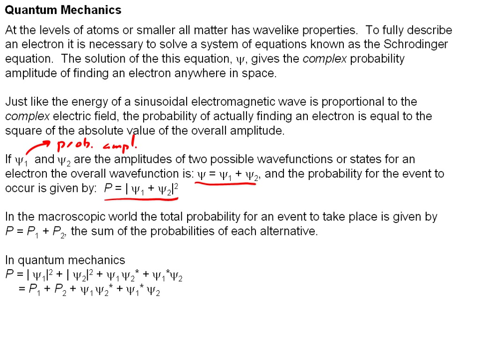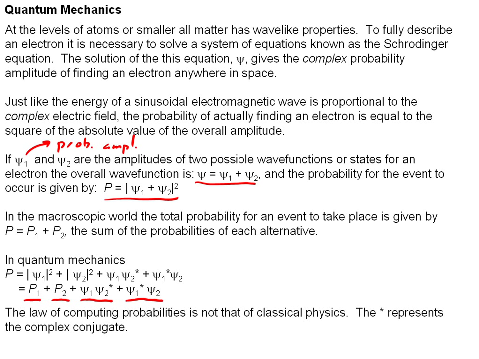And essentially what it means is if you have an electron that is possibly in two states, it can be in state 1, it can be in state 2, it can be in state 1 and 2, or it can be in state 2 and 1. And so just like you have with waves, electrons have superposition. They can have interference, constructive interference or destructive interference. They can be a sum of many different waves, just like you could superpose electromagnetic waves.